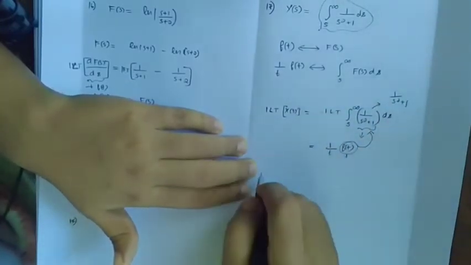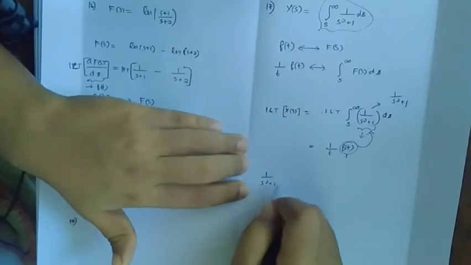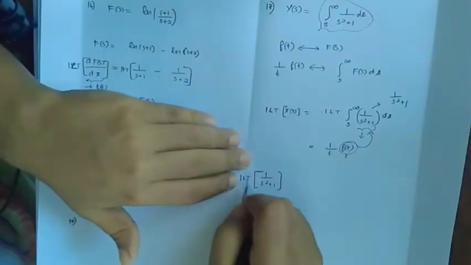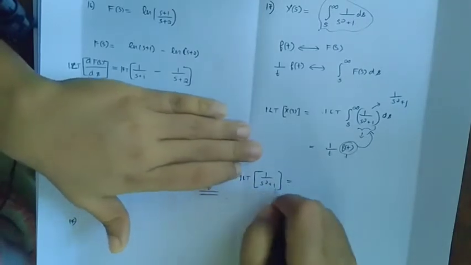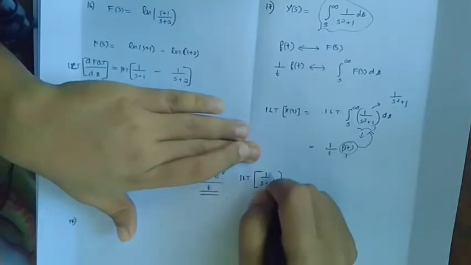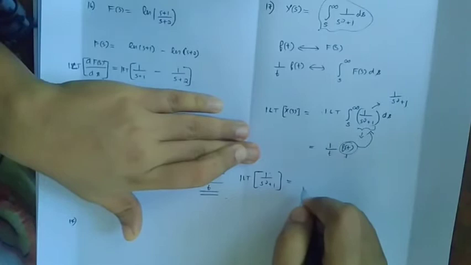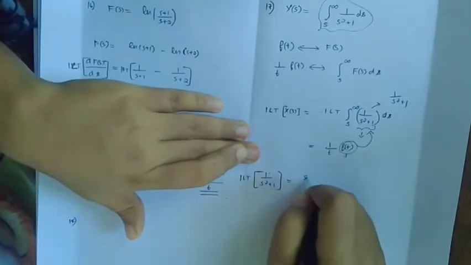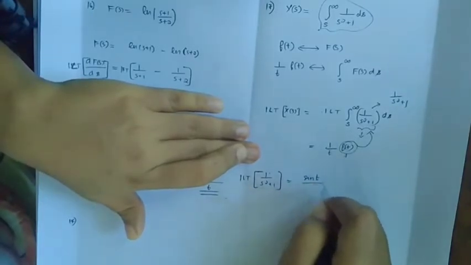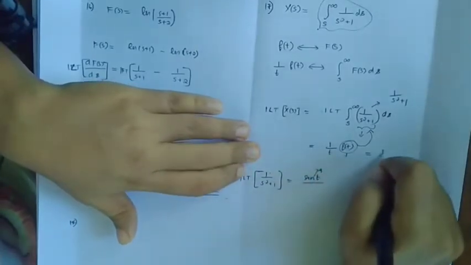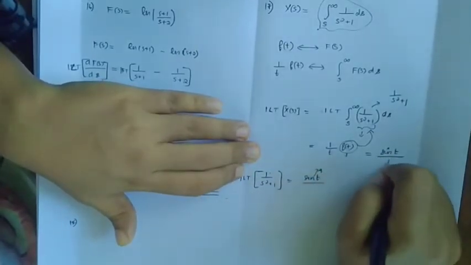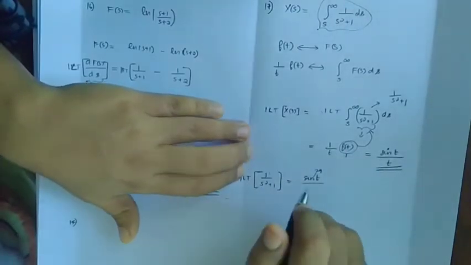So to find f(t), we have to find the inverse Laplace transform of F(s). What is a divided by s squared plus a squared? That is sine t we are talking about. Our a is equal to 1. So the inverse Laplace transform is sine t divided by t. So that is the answer.